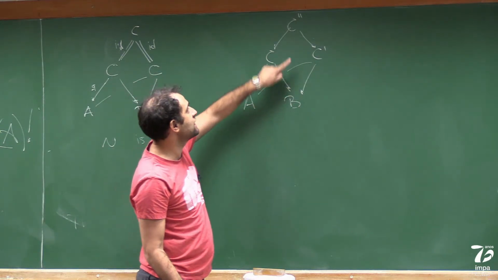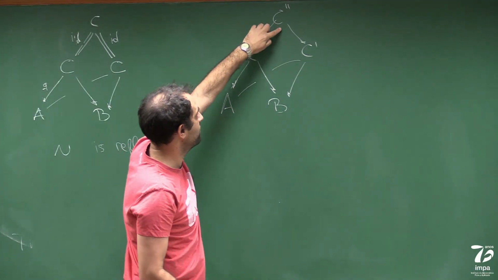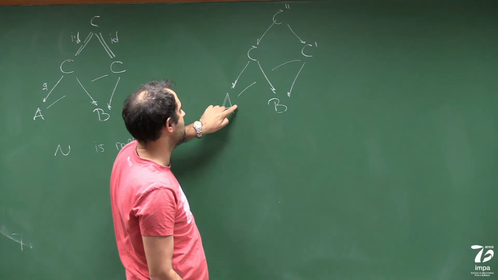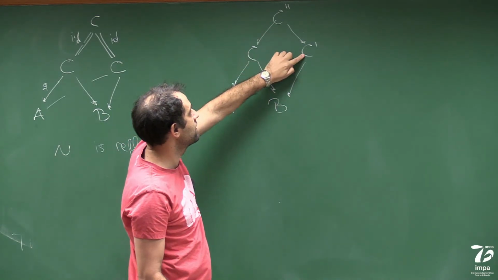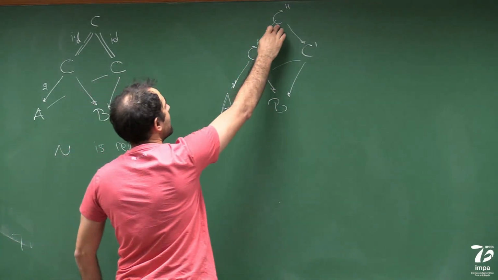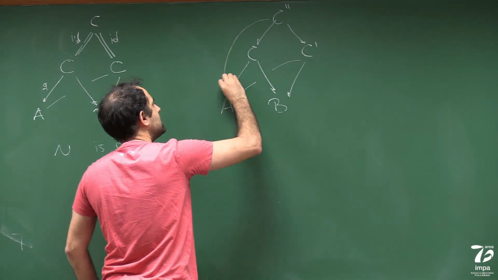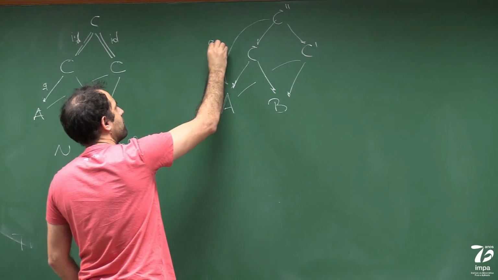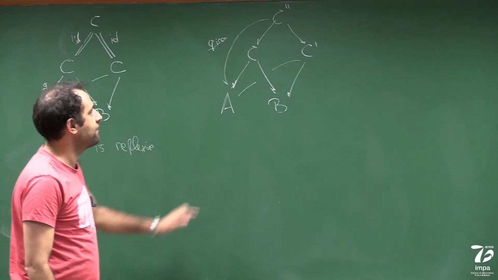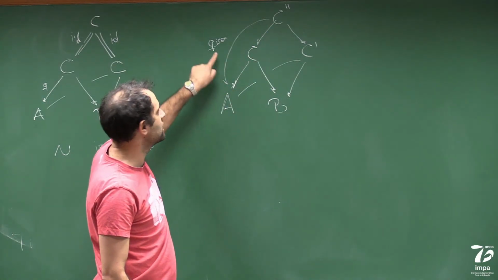For that, I need to check that the same C second prime is going to be given, but I need to check that this is a quasi-isomorphism. That's clear because what I had is that this is a quasi-isomorphism, and this map here is homotopy equivalent to that.